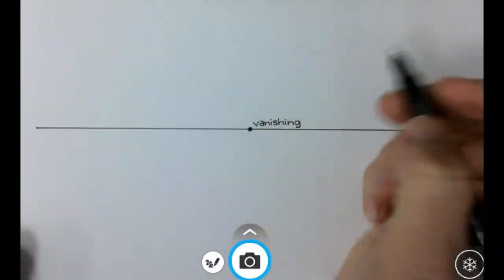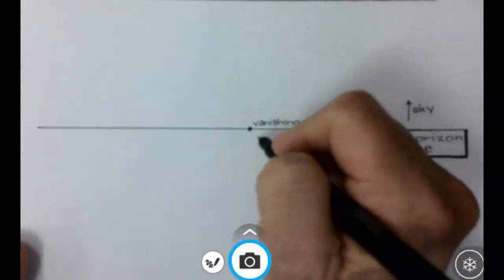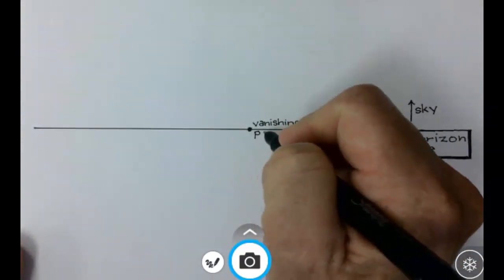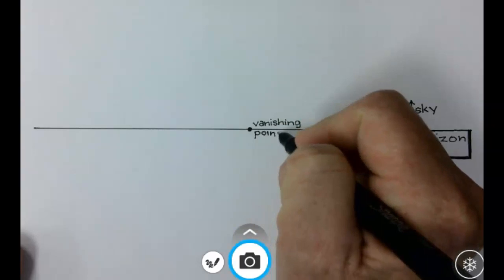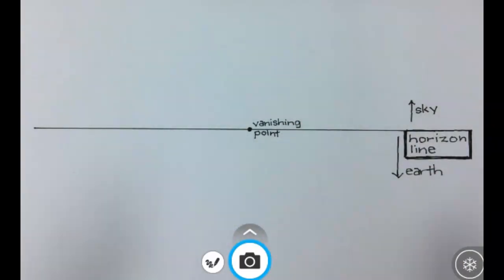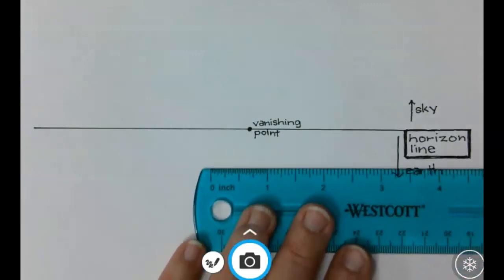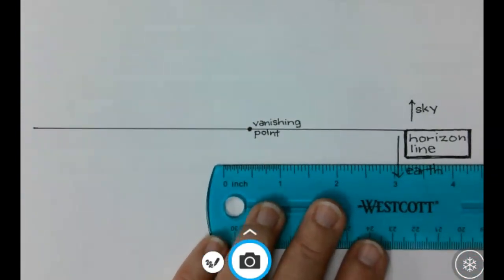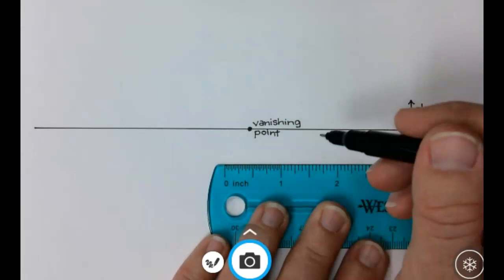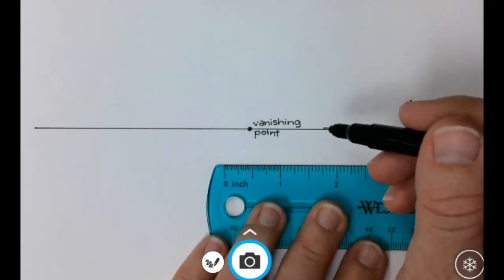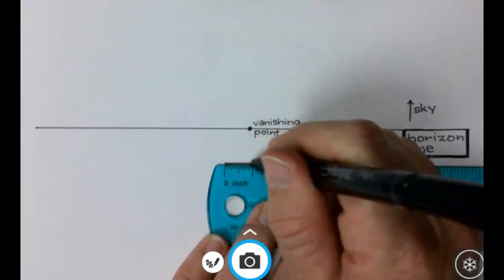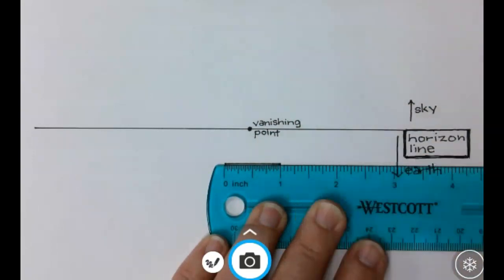It's called that because it's basically where we can't see anything anymore. It just all kind of disappears into this one point. And then we'll just practice with some simple squares.